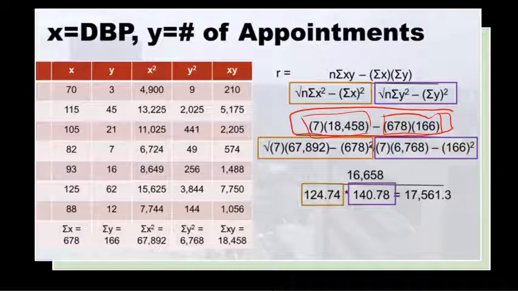And then boom, so what we would get is 16,658 on your numerator. And then the bottom, first you would go ahead and solve this section. So remember order of operations. This section, you have to square this, and then you're going to multiply this, and then we subtract the two and take the square root of the whole thing.